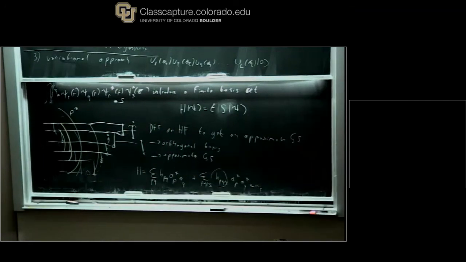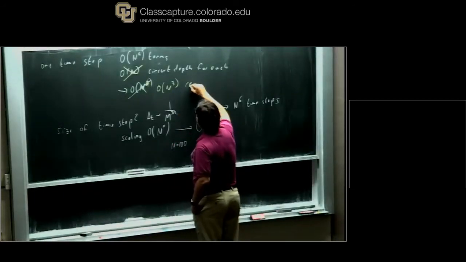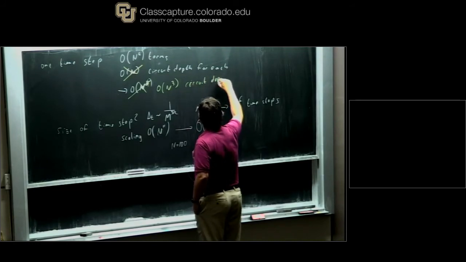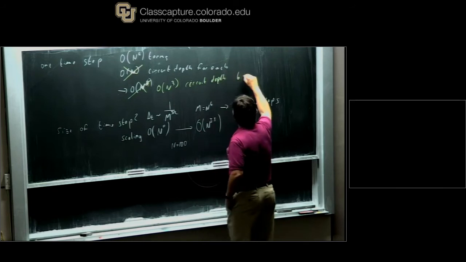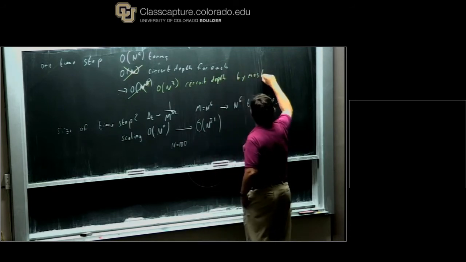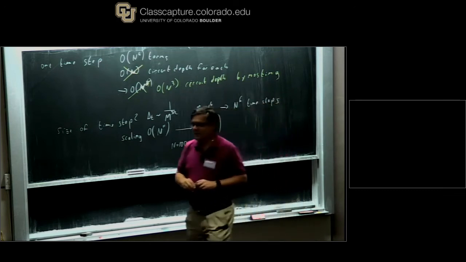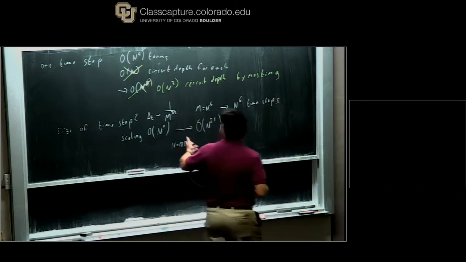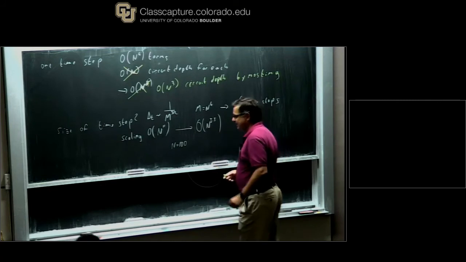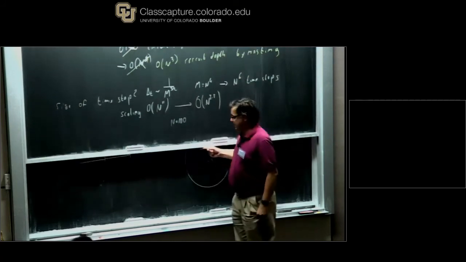So bring it down even more to big O of n cubed by circuit depth by nesting. So now we save the factor n squared, we gain something here that looks better, and we have more tricks.